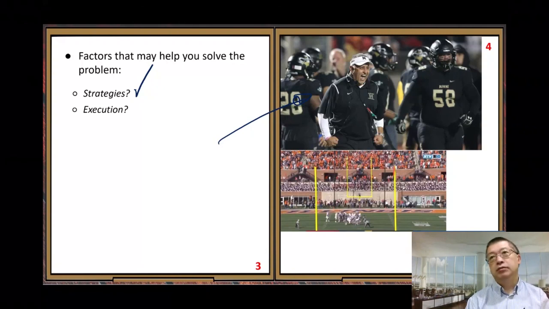So that's the second factor, execution. Now, in our problem solving, we have the same situation. Many times we know the strategy. We know that, like in the previous slide, start from simple cases. So that's one strategy. Another strategy is something like divide and conquer.